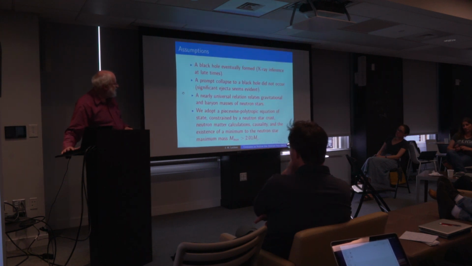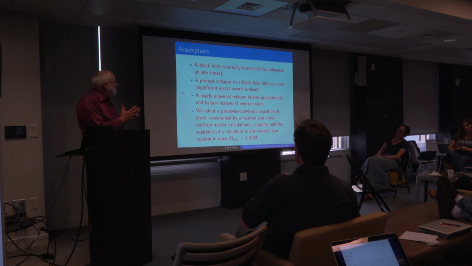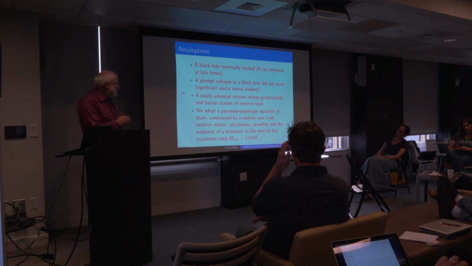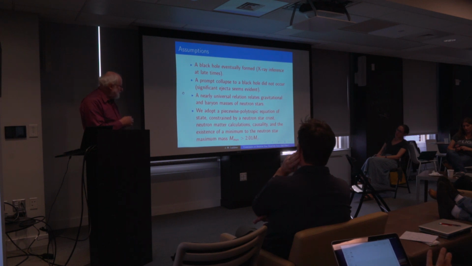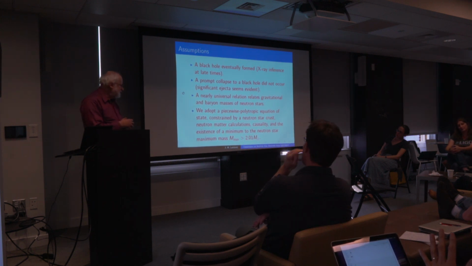So, from the idea that a black hole eventually forms, and the additional ideas presented just now by Ben that a prompt collapse also did not occur, we can use the fact that there's a nearly universal relationship between the gravitational and baryon masses of neutron stars, something that's relatively independent of the equation of state.